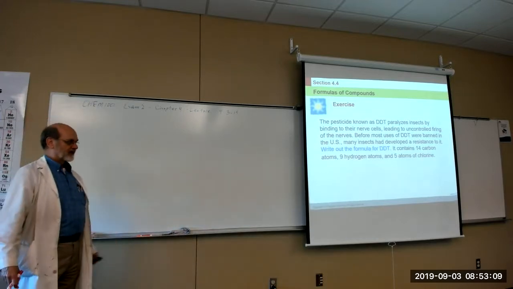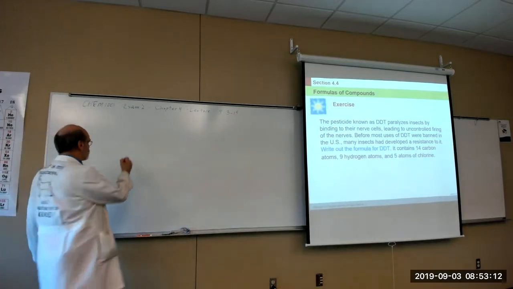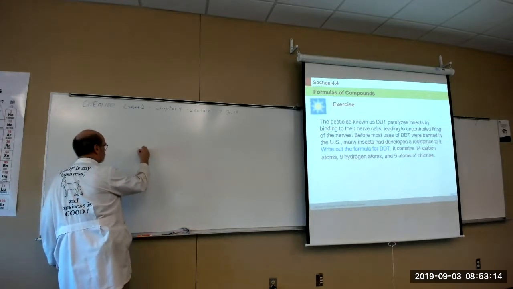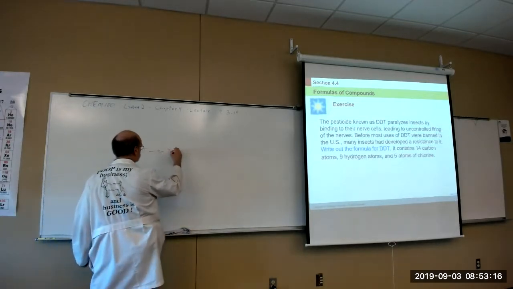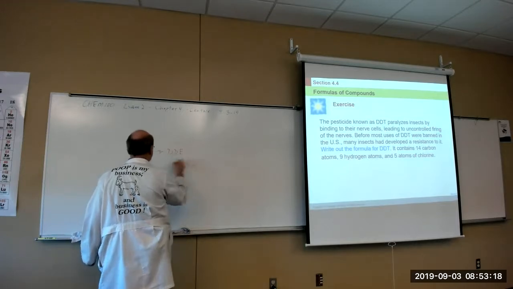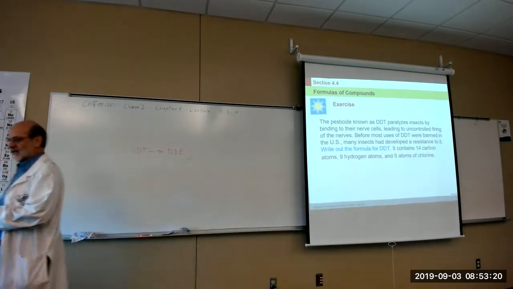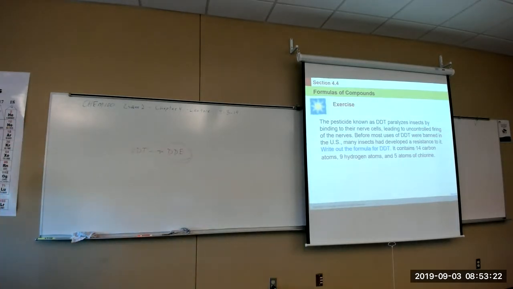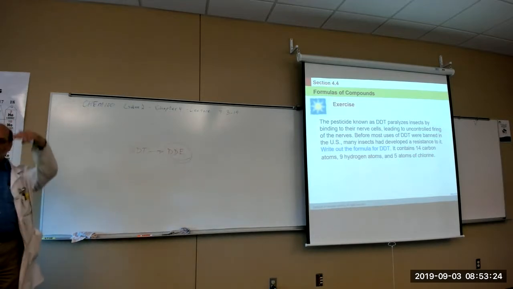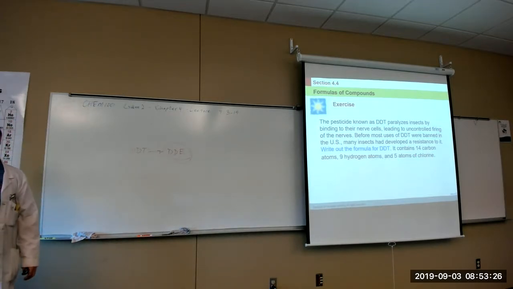Of course, in the environment, DDT breaks down into this product. That's the bad one. That accumulates in upper level predators. And particularly, it's bad for birds because it weakens their shell. And then when they sit on it to nest, they break the shell, and that's the end of that.